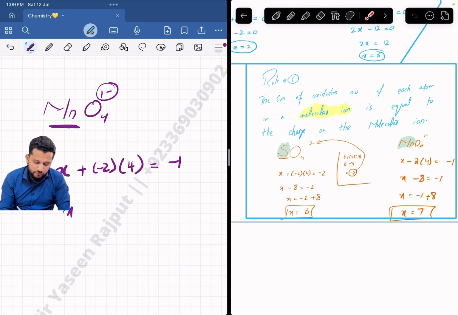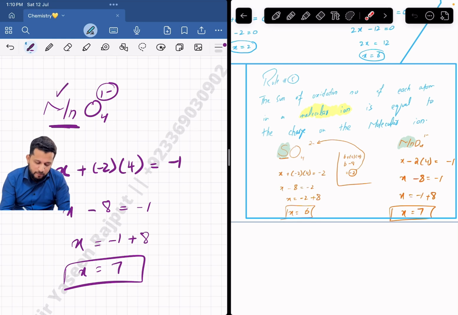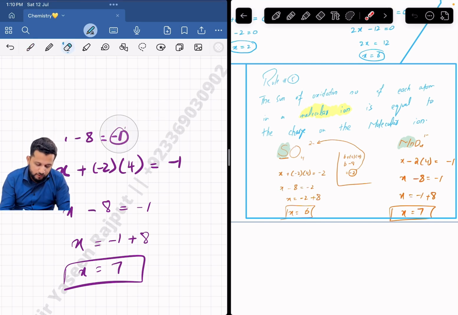So x plus -8 equals -1. X equals -1 and then +8, and then the answer is 7. So the oxidation number of manganese is 7. Clear? The oxidation number of oxygen is -2 times 4, which is -8. So the overall charge equals -1, and you can see the charge on the molecular ion, which is -1.